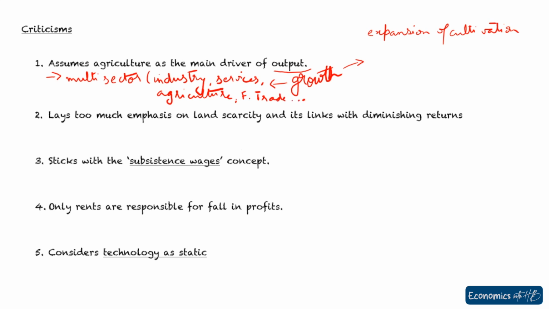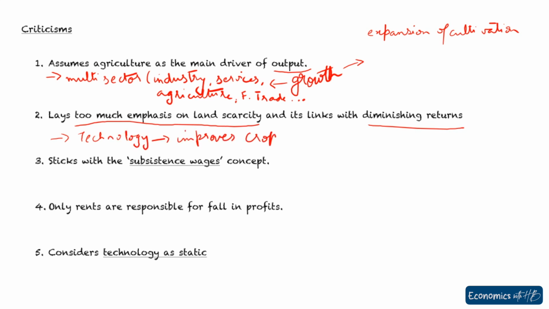He lays too much emphasis on land scarcity and its linkage to diminishing returns in agriculture, when he says that population increase leads to cultivation expanding to marginal land, due to which rents rise and profits are squeezed out. In reality, technology interventions can improve crop yields and reduce land dependence. So output can be expanded even without needing more land.